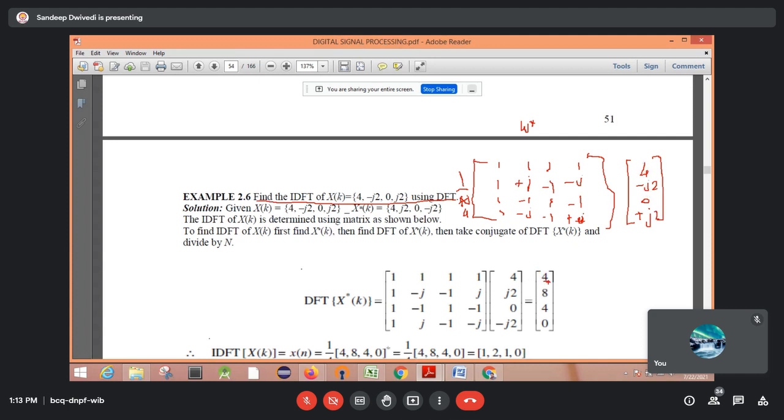So here you are getting the answer 4. You need to divide it by 4 also. Here the 1/4 is missing, and one more correction: make this plus, this minus, this same, then this minus, this plus, like this. Then you will get this matrix and this answer.